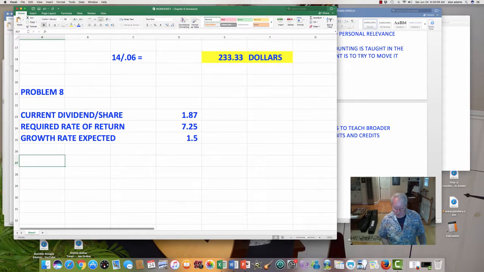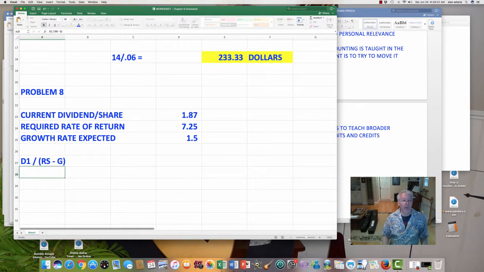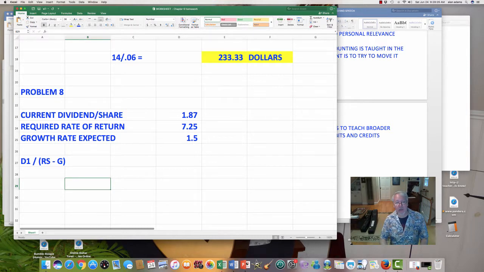All right, now let's solve it. Now the first thing that you need to do is you need to remember we're using the formula D sub 1 divided by the required rate of return, R sub S, minus G. So all you do to find the price of this constant dividend growth stock is plug in the numbers.